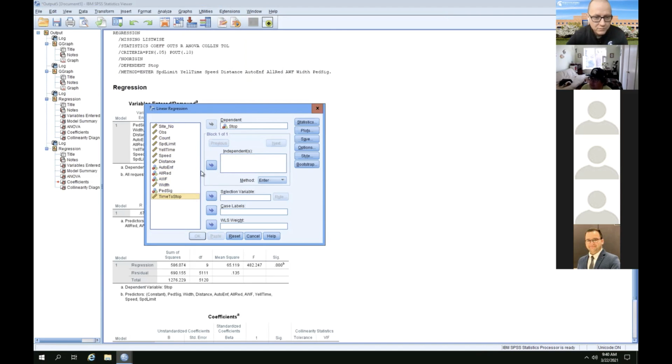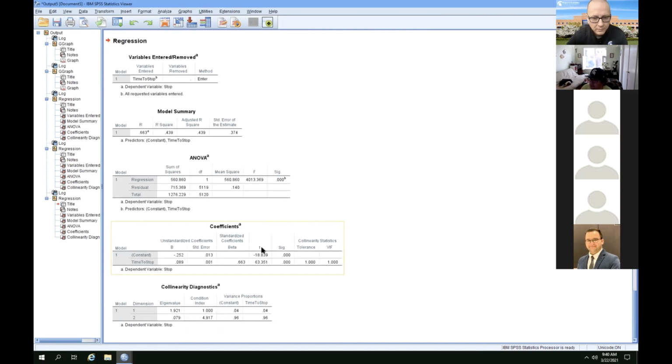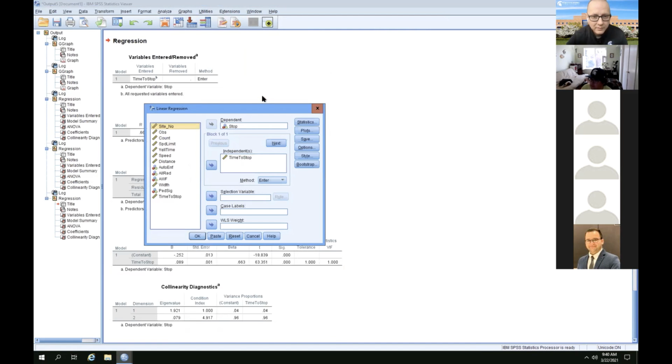So if we just go time to stop, let's see, our adjusted R squared is 0.439, and I want to say these were nearly identical to one another.